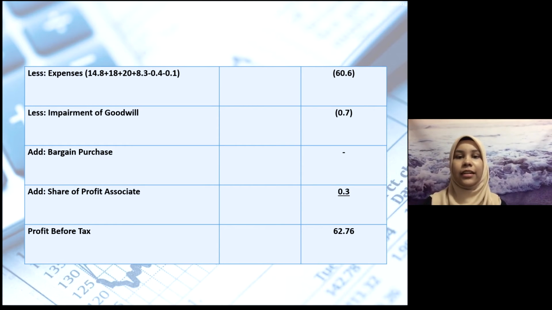After that, add any bargain purchase if there is any, and add share of profit of associate, which is 0.3 million. That has been calculated in C, where we determined the carrying amount of Maliki Berhad. After we make the necessary adjustments from gross profit until share of profit of associate, we get profit before tax, which is 62.76 million.